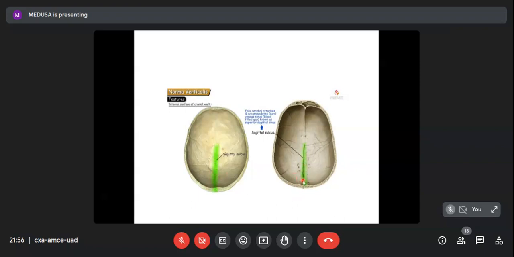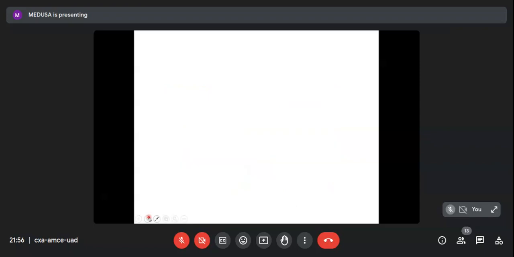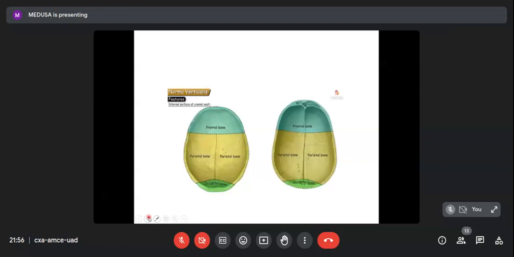This depression is what we call the sagittal sulcus. What is the importance of this sagittal sulcus? The falx cerebri attaches here, and it also accommodates the dural venous sinus. So the dural venous sinus is found here on the sagittal sulcus, as well as the falx cerebri attaching from here.